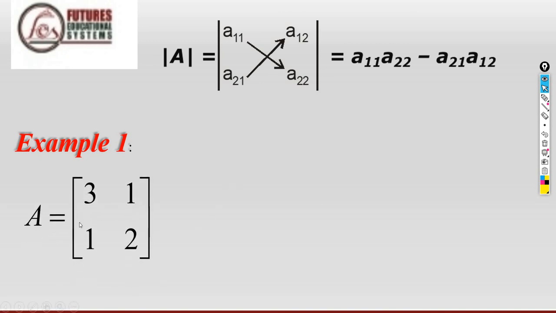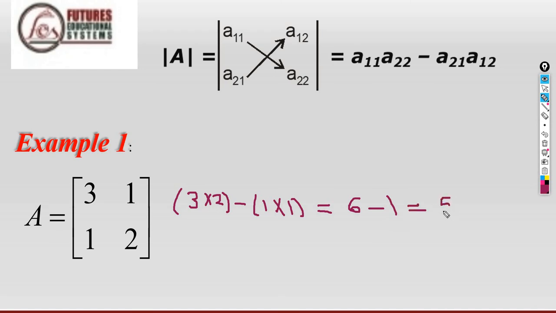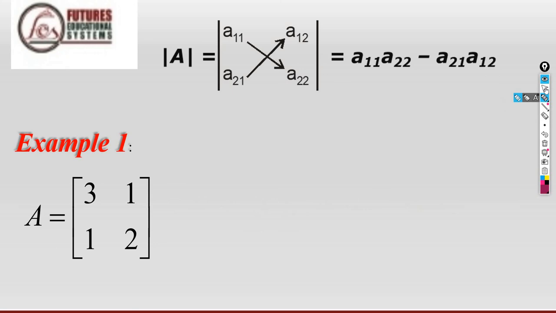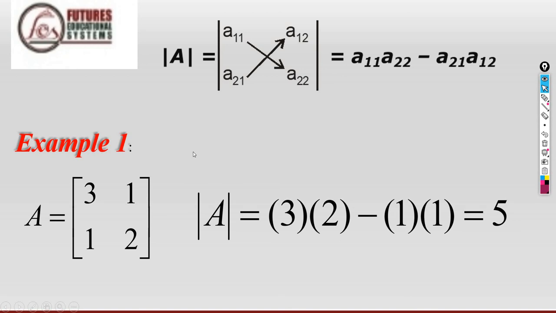If we have matrix A, 3, 1, 1, 2, to get the determinant, 3 by 2, start from the main diagonal, minus 1 by 1, equals 6 minus 1, the result is 5. Then the determinant of this matrix equals 5.